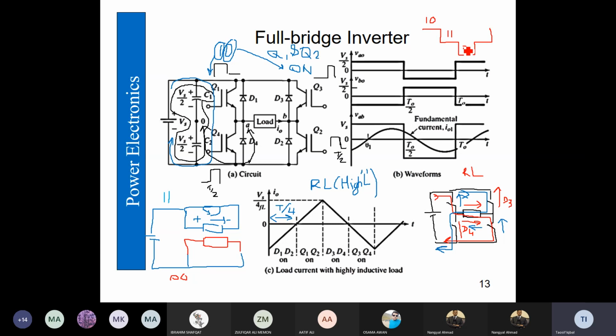This state is 0 1, and this state is 0 0. ठीक है? This is our square wave. So if we talk about all the states, these two states produce zero voltage across the load, and therefore it is called zero states.